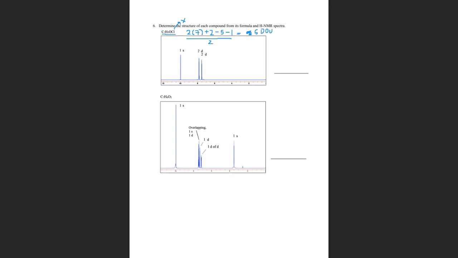So like Ria said, one of the most obvious ones is that 4 degrees of unsaturation gives you a benzene ring. So we can go ahead and start with the idea that we have a benzene and maybe some other double bond.